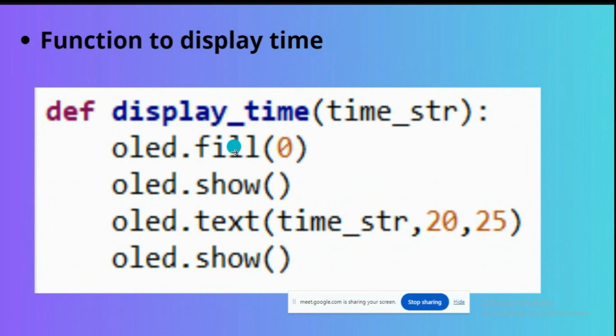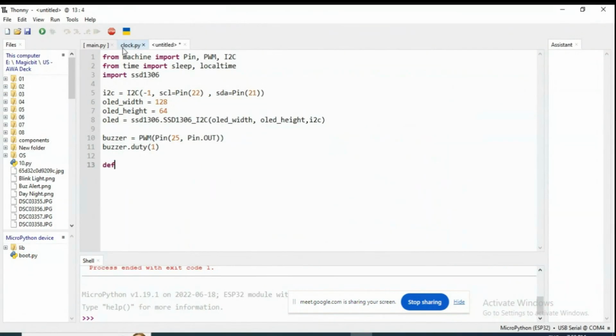Inside that function, first we'll clear the display, and then we'll display the text that is coming under this time str at the position of 20 to 25, and then we'll show it. As we are defining a function, def should be there, and then the name of the function, we'll call it display time.